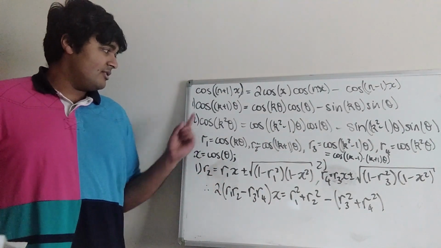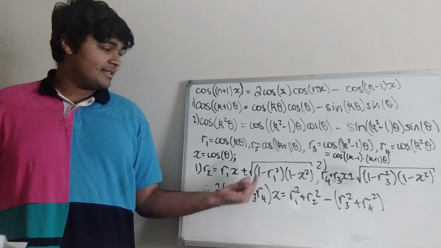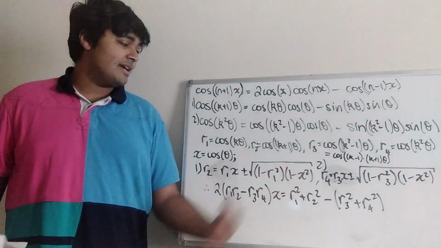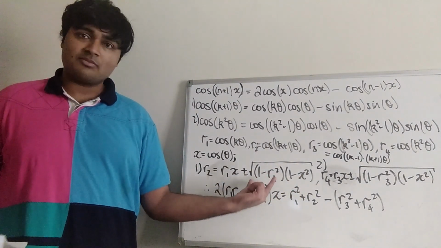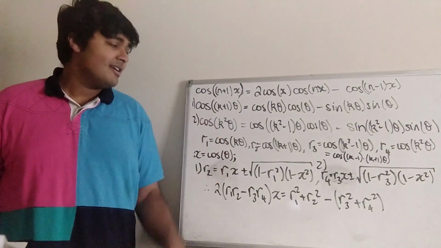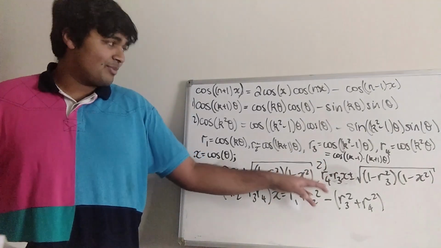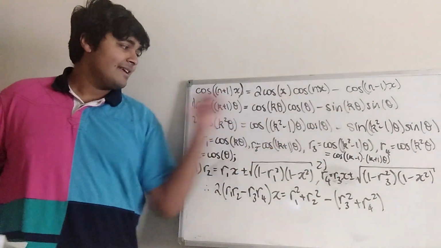So r2, which is just cosine of (k+1)θ, is equal to r1·x plus or minus the square root of (1−r1²)(1−x²), and that just comes from the fact that sin squared plus cos squared is 1. This plus or minus is just to disambiguate any square rooting, and this second equation is pretty much the exact same thing but from this line here.